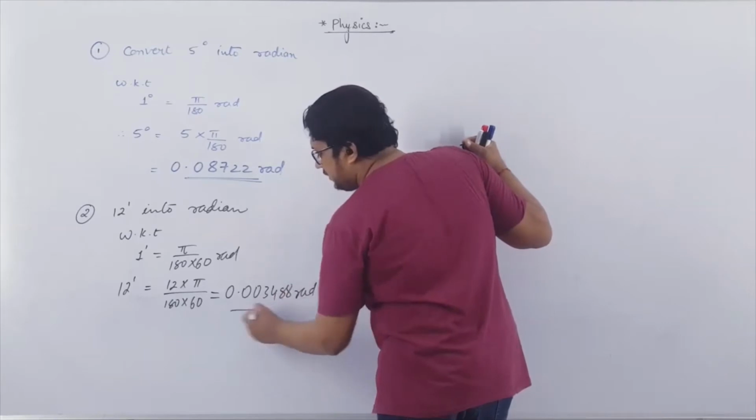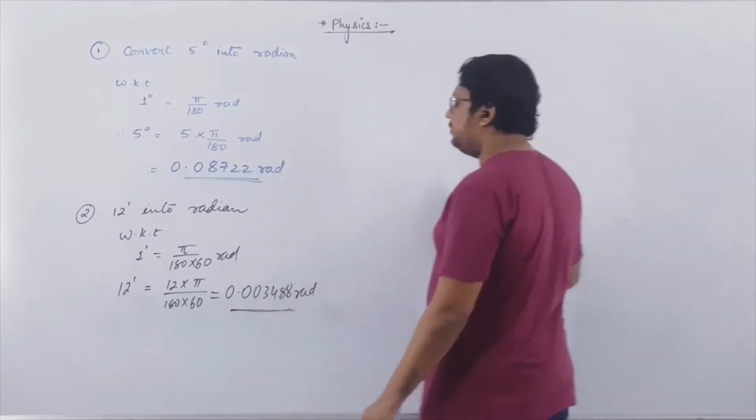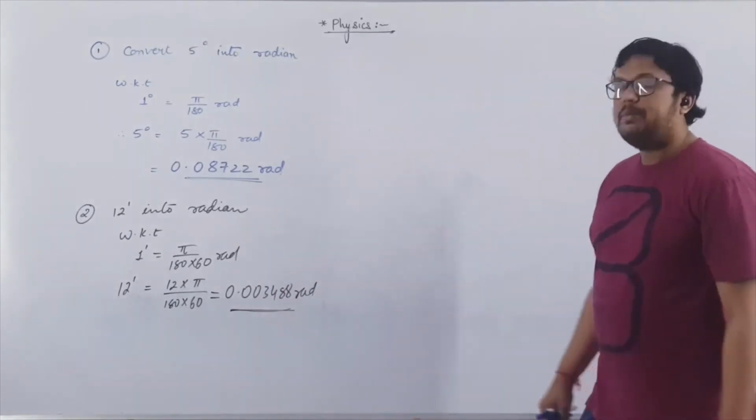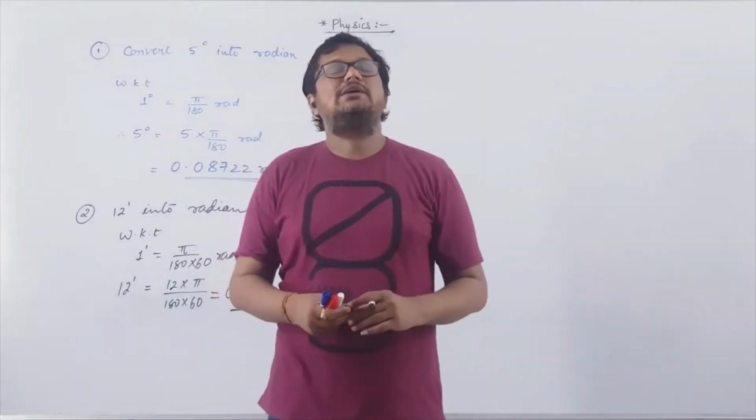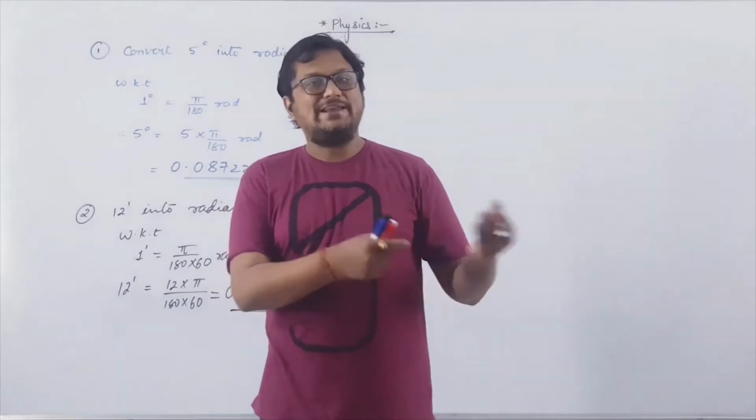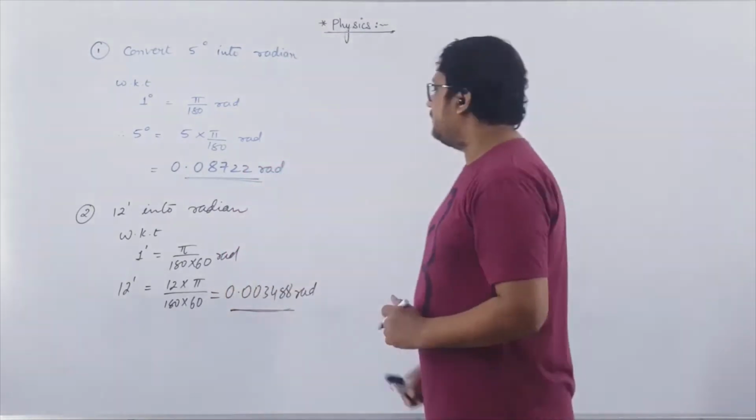So this is how we can convert minute into radian. Remember, instead of pi, if you want, you can take 22 by 7 also, but 22 by 7 is nearly 3.14, so we can directly write 3.14.